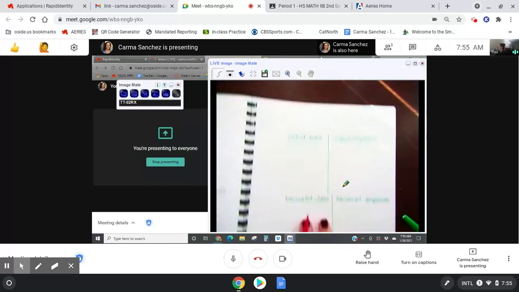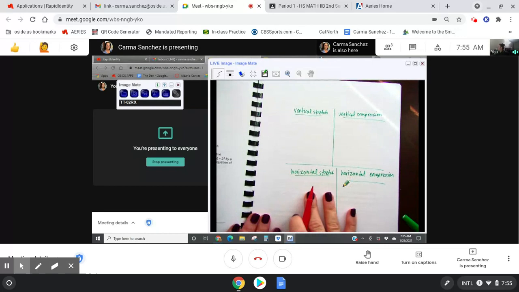Okay, so vertical stretch, vertical compression compared to horizontal stretch and horizontal compression.